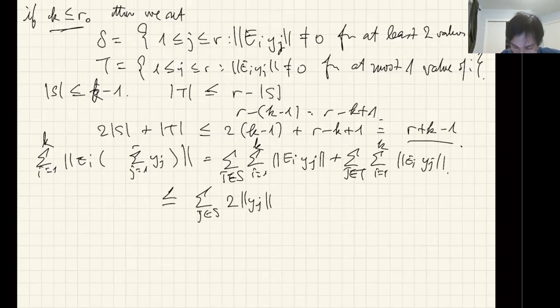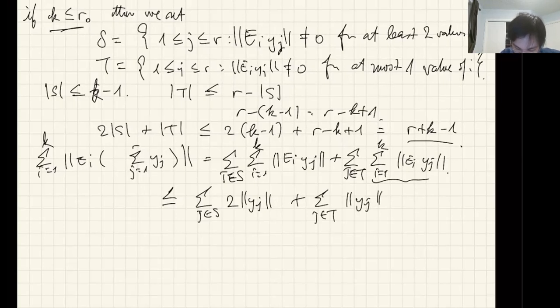But for j in T, in the sum of k terms eiyj only one is non-zero, and it's at most the size of yj because ei is a subsequence and it's unconditional. So we just put yj.